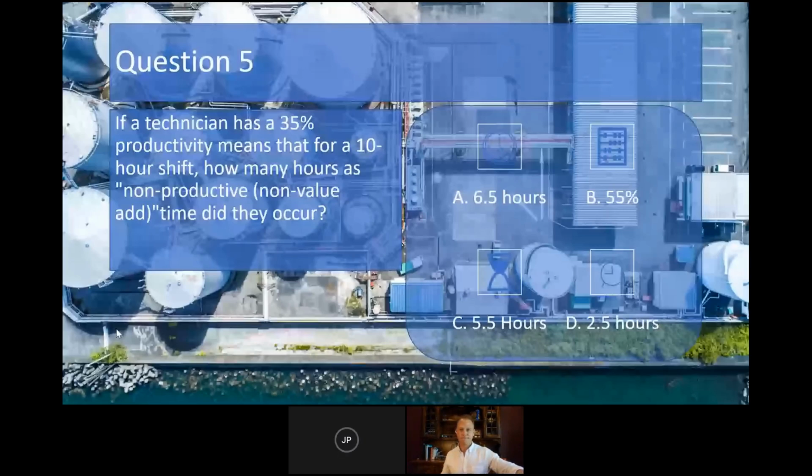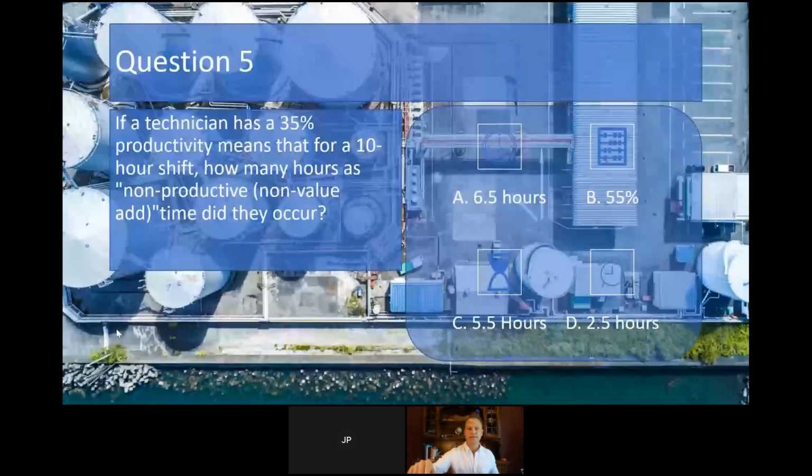Alrighty, so around 87% of our members said A, 6.5 hours. We had one that said 55%, another one that said 2.5 hours. Good, okay. We'll just go straight to the answer on this one.